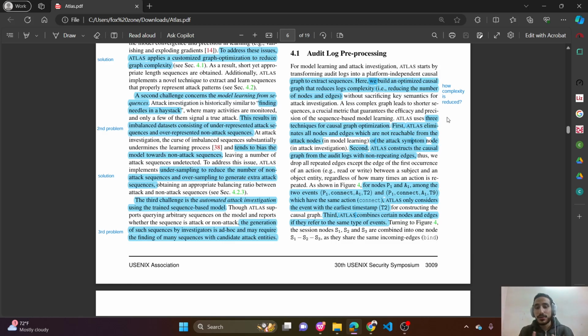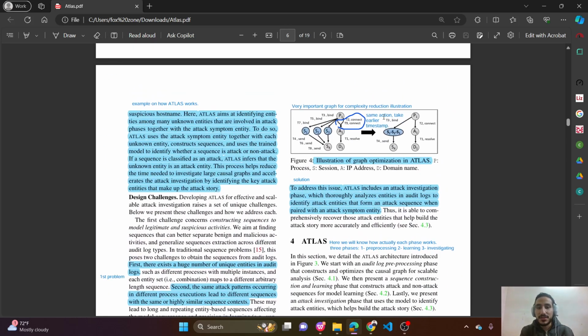And the second option we have is that Atlas constructs the causal graph from audit logs with non-repeating edges. As you can see in this image, this is a repeated edge. So I can discard the three edges into one edge. Also, I can discard these three edges into one edge. Finally, I can discard these two edges into one edge.